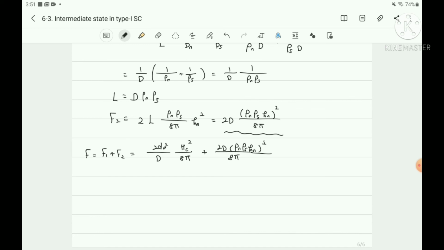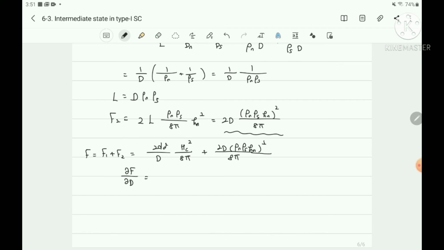Then here to find the appropriate periodic domain structure, let's find the minimum value of the domain length scale. In order to find the minimum, let's take the derivative of the free energy with respect to the domain size.